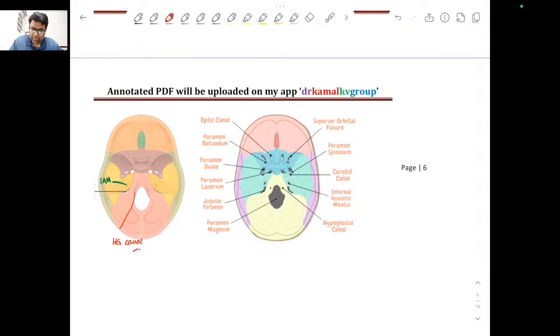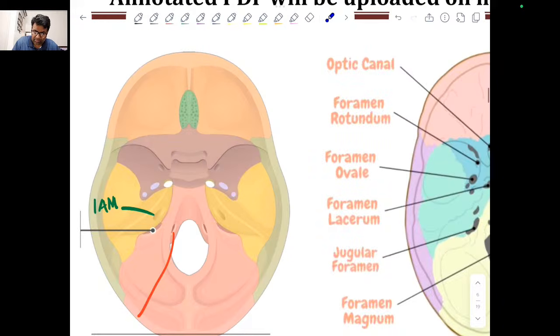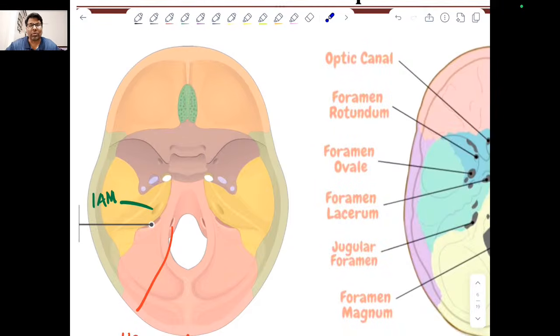Then going forward, there are a few important foramens which you should know, and the most important one is foramen ovale. I think all of you must be knowing that mnemonic of male for foramen ovale. Posterior to that, there is one very small foramen, known as foramen spinosum. It is very small, but extremely important because it gives way for the middle meningeal artery.